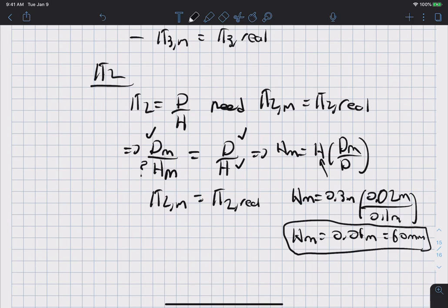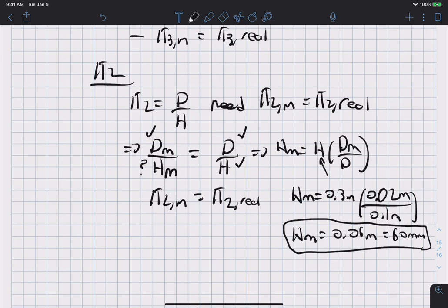Okay, so pi 2 gave us information on what to set hm to be. And that's just a geometric parameter. That's saying that the height to the width ratio of the test object needs to be the same between the experiment and the real object.